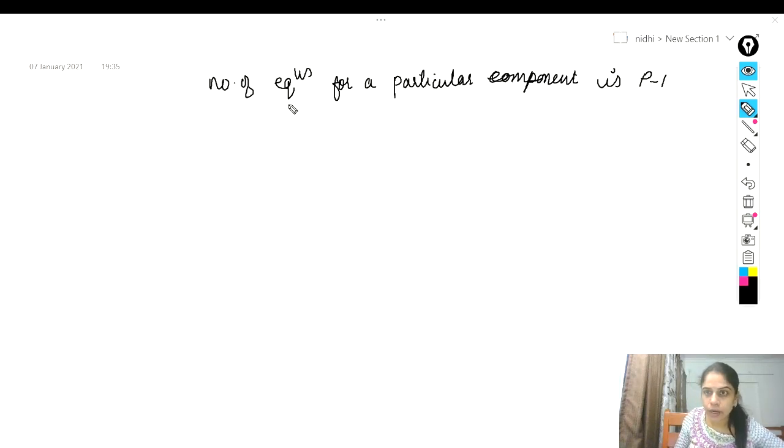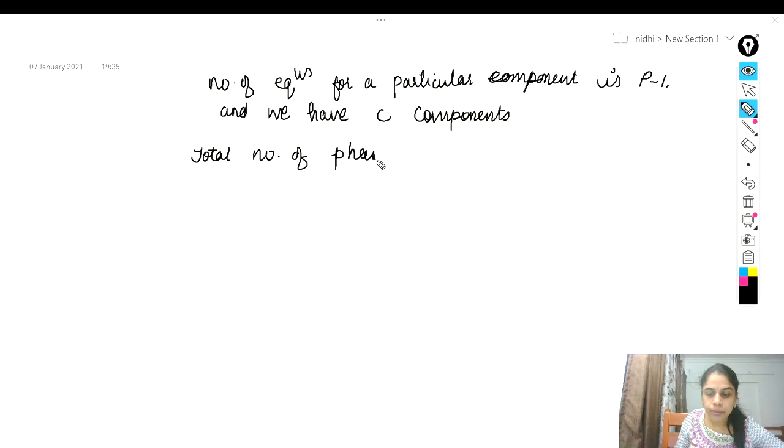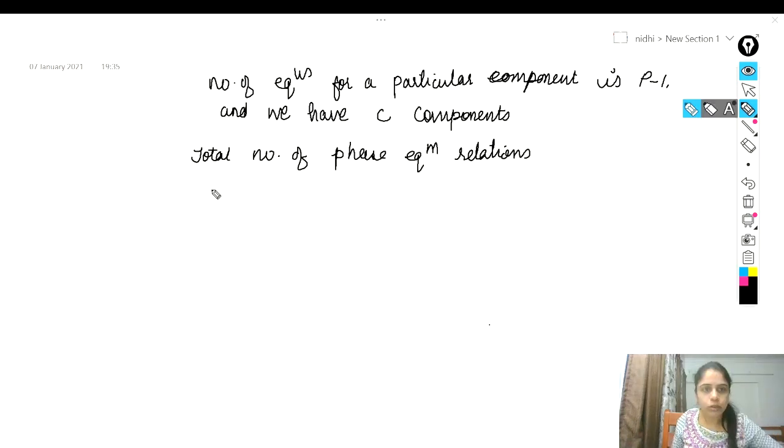And we have C components there. So this is P minus 1 for each of the C components, right? So therefore the total number of phase equilibrium relations, also known as the number of variables that are not independent.